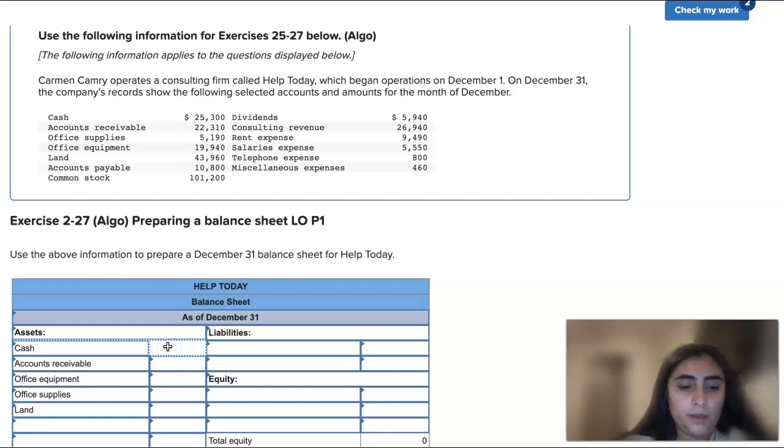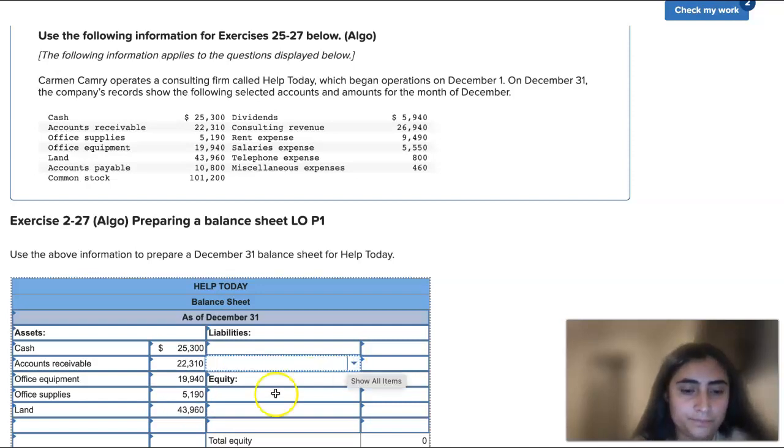So cash would be 25,300 in my case, and the accounts receivable would be 22,310. The office equipment 19,940, and then the office supplies would be 5,190, and land would be 43,960.